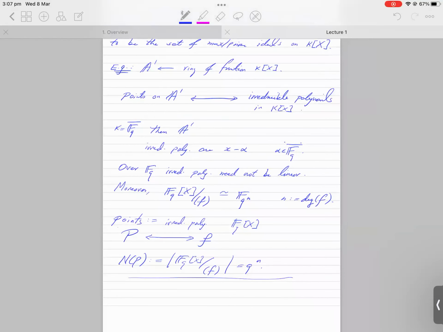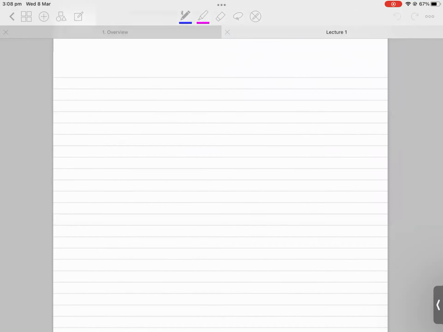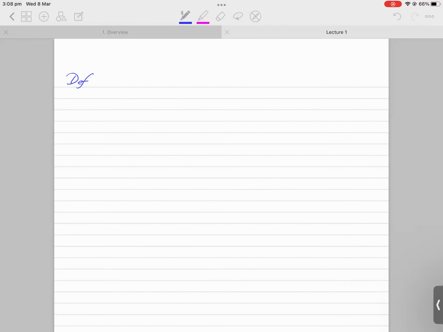Okay, so let me go to the next page to define the zeta function. So, definition of the zeta function of X when X is a curve. And this is due to Artin, actually. Artin was the first person that wrote down this definition. So what did he write? The definition is very much just, you basically copy the definition from the other part of the Rosetta Stone.